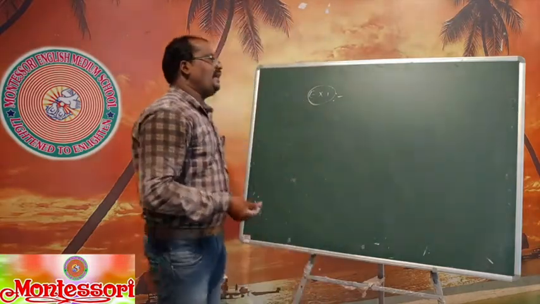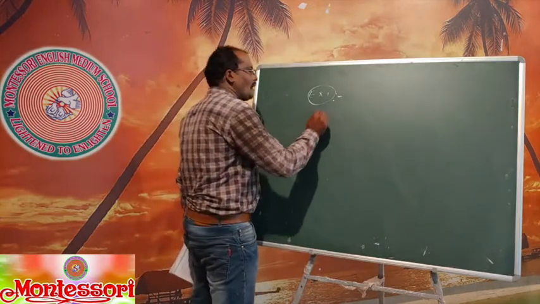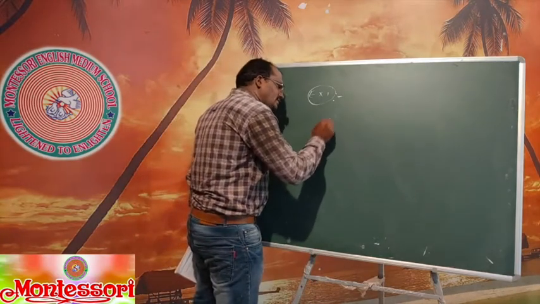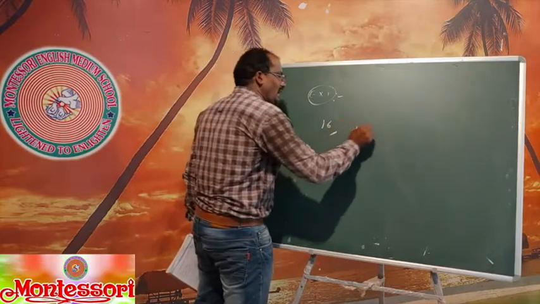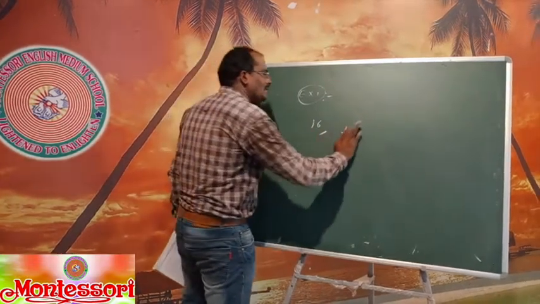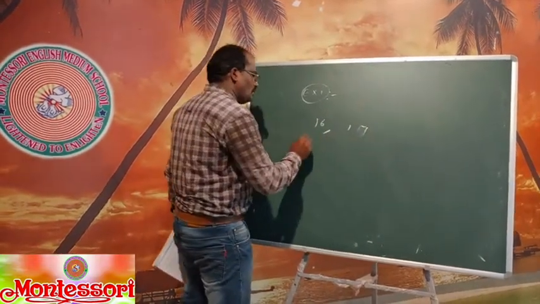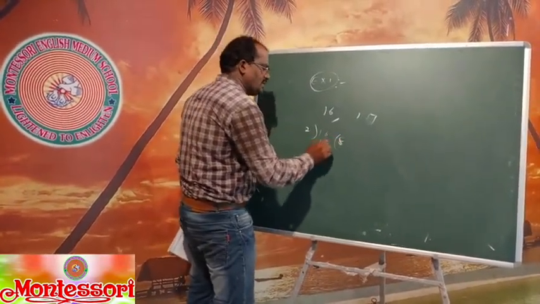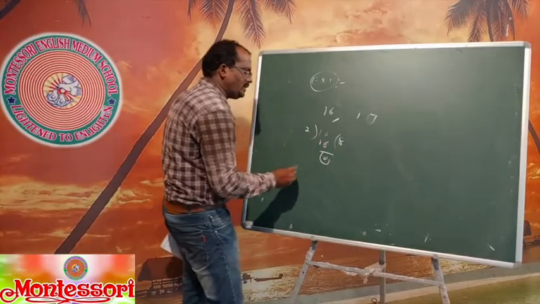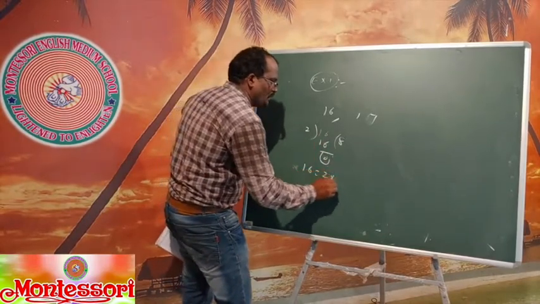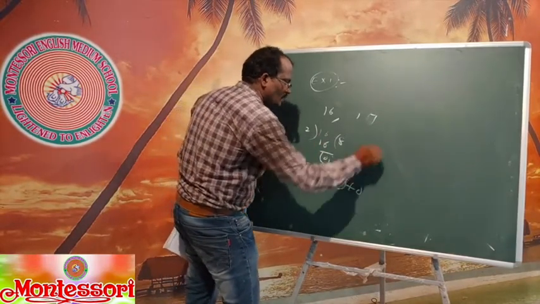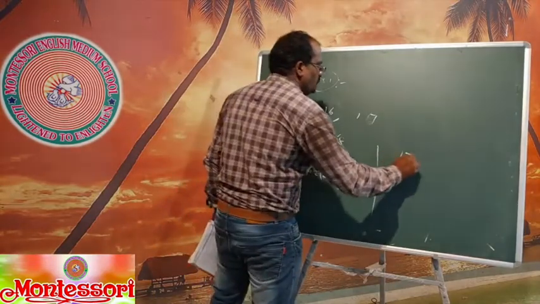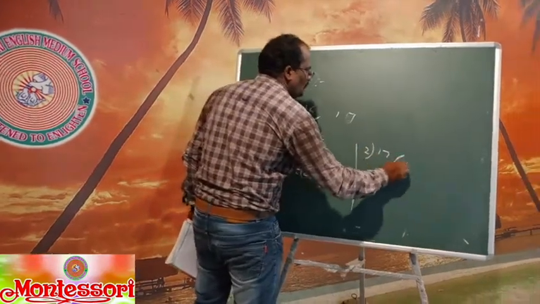If you have any number, for example, one number is 16, another number is 15 or 17. 16 divided by 2, 2 times 8 is 16, remainder 0. How to write? 16 is equal to 2 into 8 plus 0. Again, 17 divided by 2, 2 times 8 is 16.